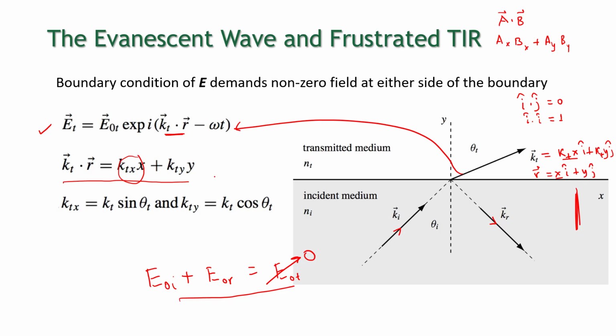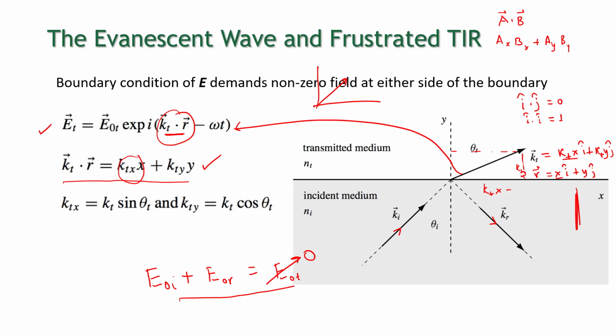So, we have that for this, and this KTx is the x component, this component, and KTy is this y component. It is a vector.